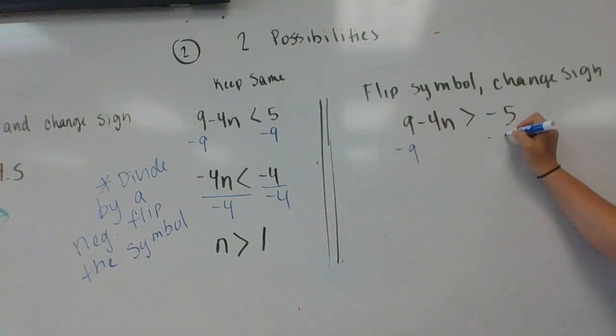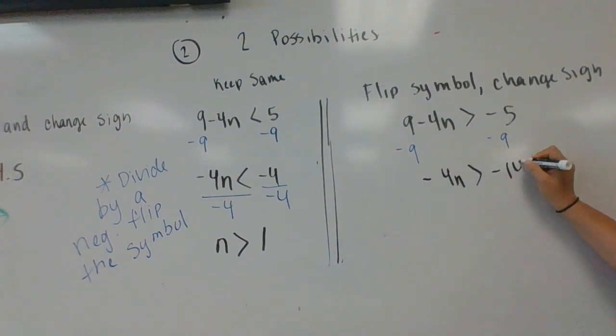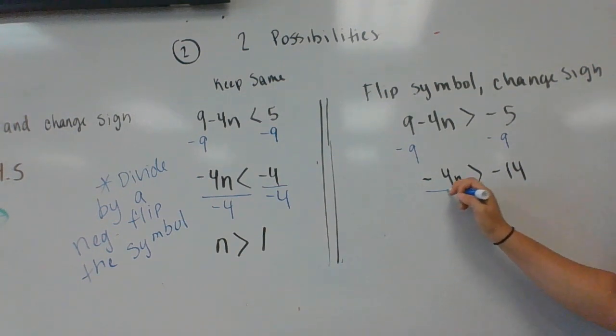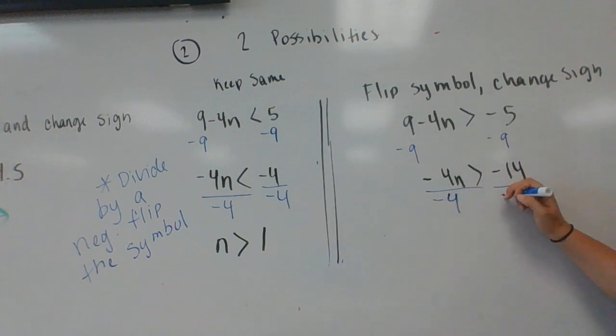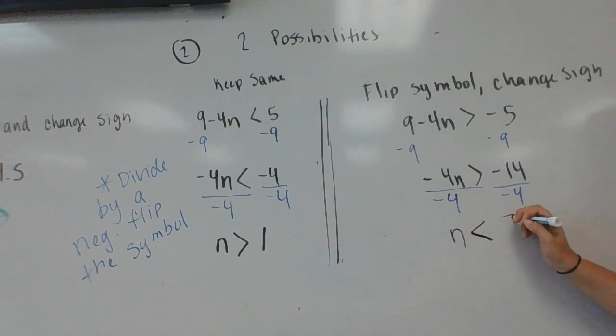Subtract 9 over here, and I end up at -14. The same thing's going to happen. Even though I set out my problem, it's already flipped. I'm flipping it again. Divide by -4. Now I'm going to flip the symbol, and I have n is less than 7/2, or 3.5.